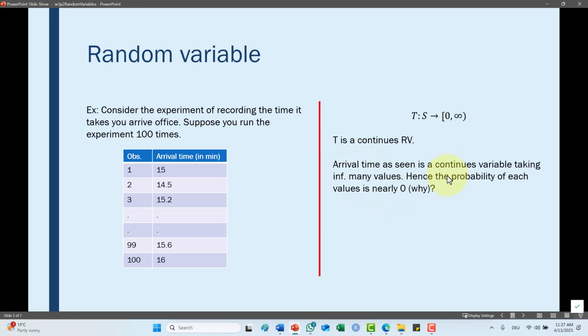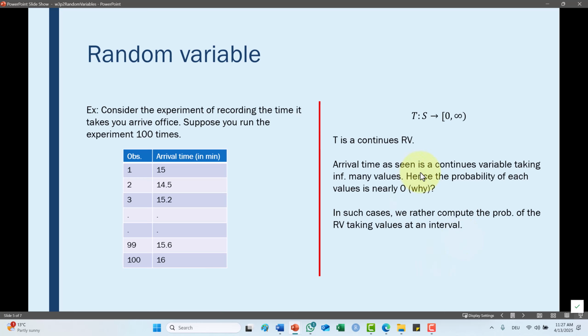When we calculate the probability of a particular time for a continuous random variable, it's nearly 0. The reason is that we have infinitely many values in a continuous interval, and if we want to calculate the probability of each value to occur, in fact we are dividing 1 by infinitely many values, and dividing 1 or any constant number by infinity gives us only 0.